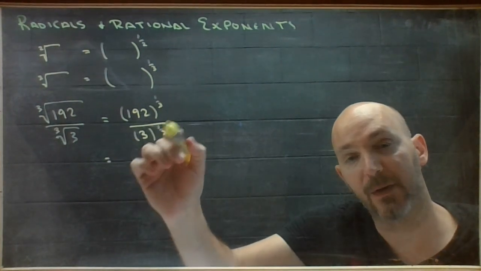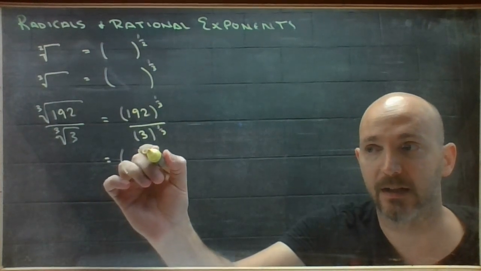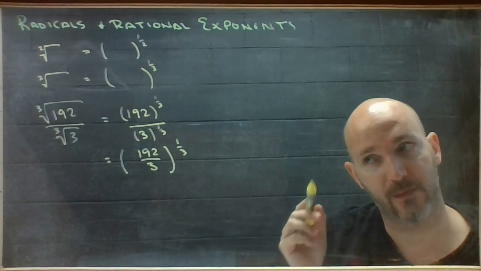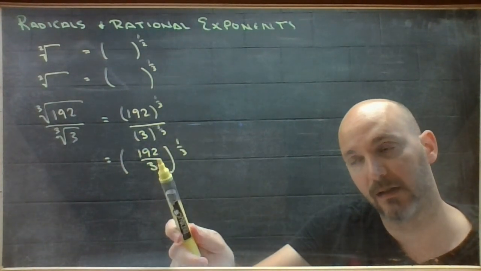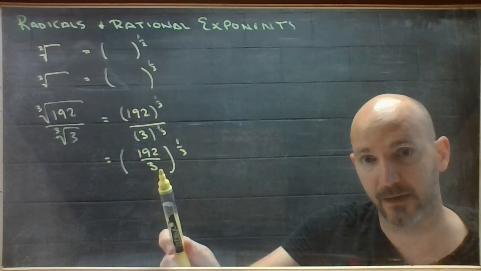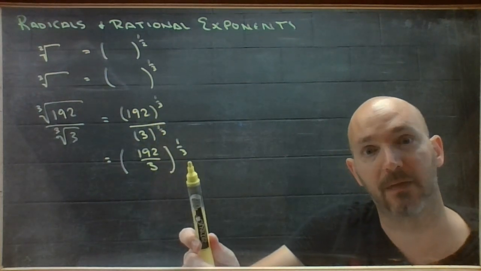Well, that 1/3 has been applied to everything in this fraction, so I could just shorthand it like this. So think about that. If I were going the other way, I would apply this exponent to everything. So if I go backwards, I just peeled it off everything.